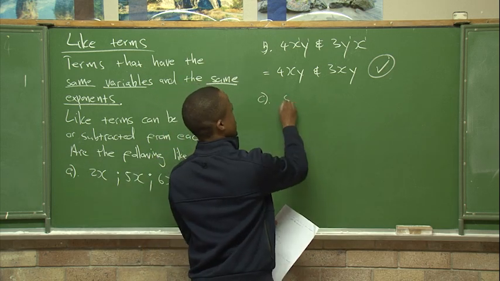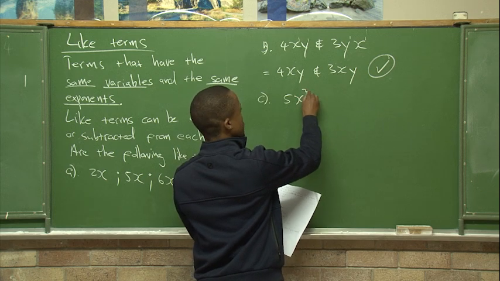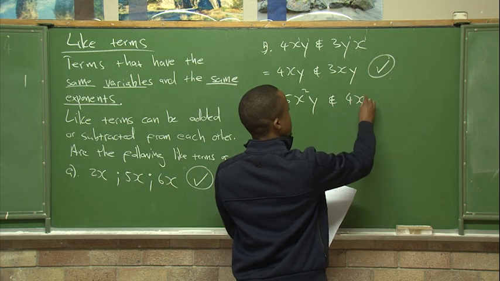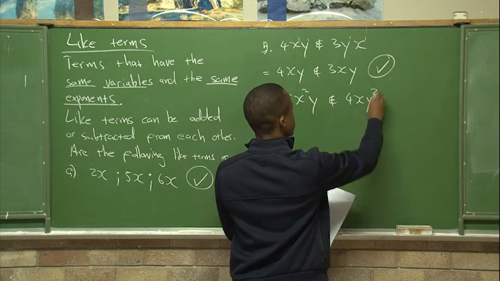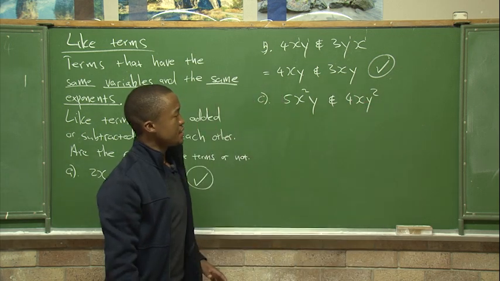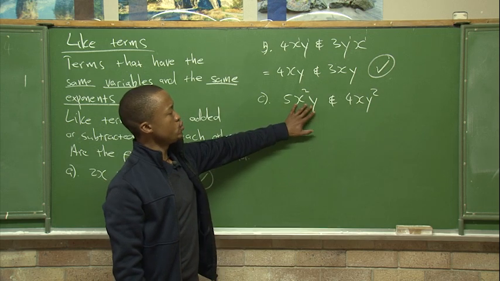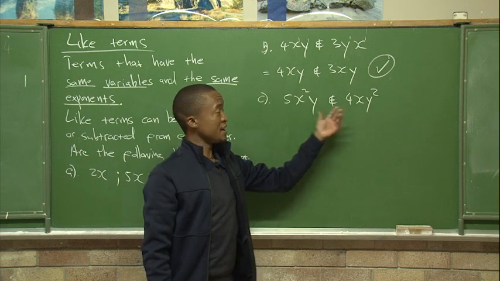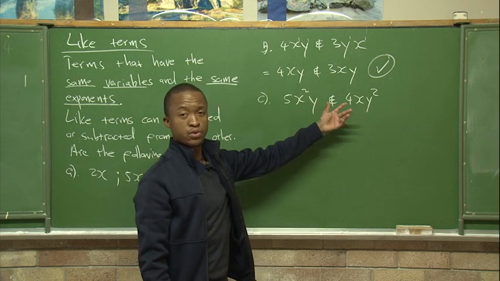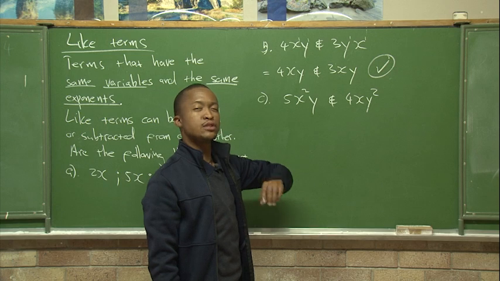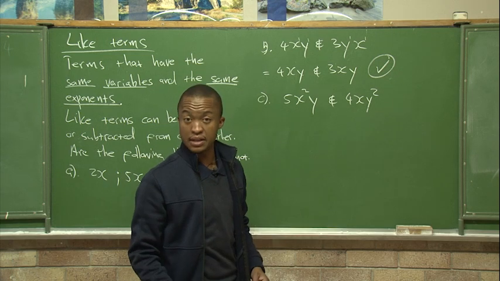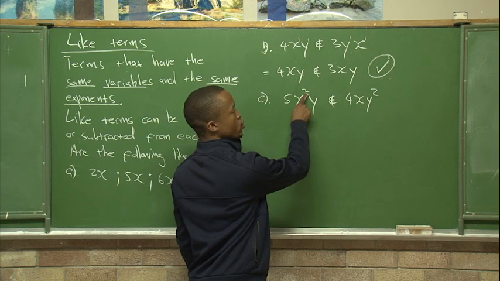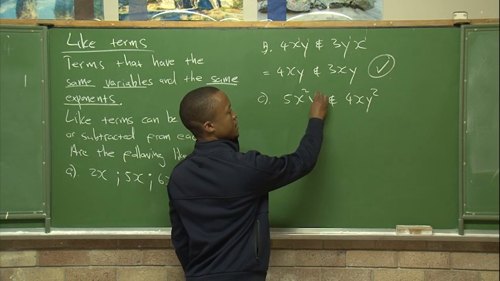Let us look at this: 5x squared y and 4xy squared. Are the two terms like terms or not? The variables are the same. You have x and y for both terms. However, the exponents of those variables are not the same. The exponent of x is 2, the exponent of y is 1.